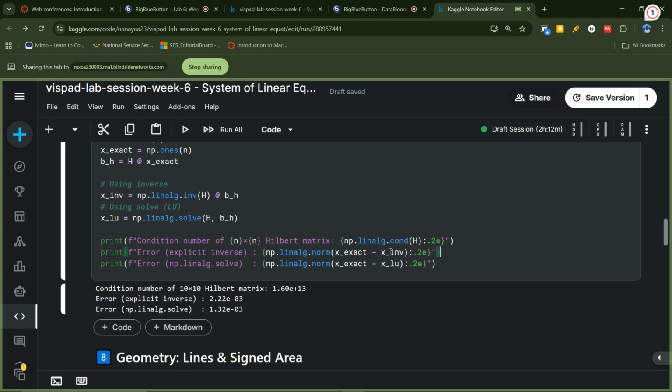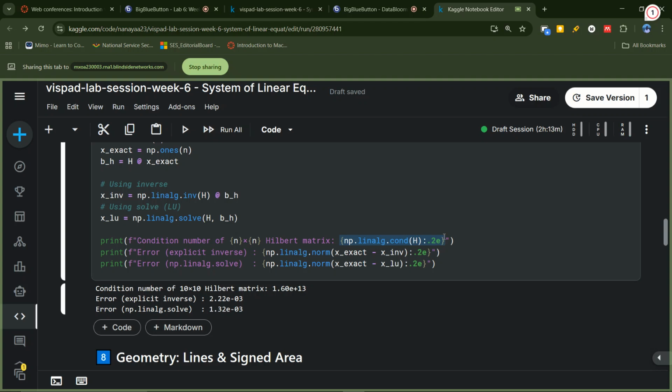I don't really expect you to understand this line of code. I just want you to appreciate why the inverse is never used. The expression I've highlighted, the condition number, tells you how unstable the matrix is. For the Hilbert matrix, the number is quite large. It could be 10 raised to the power 13.